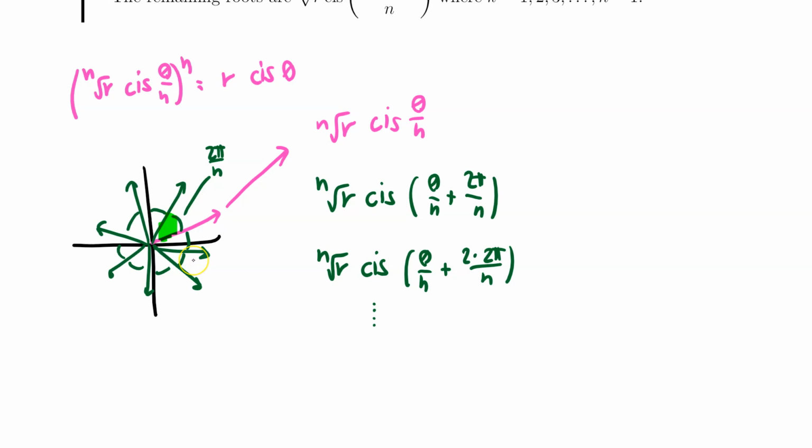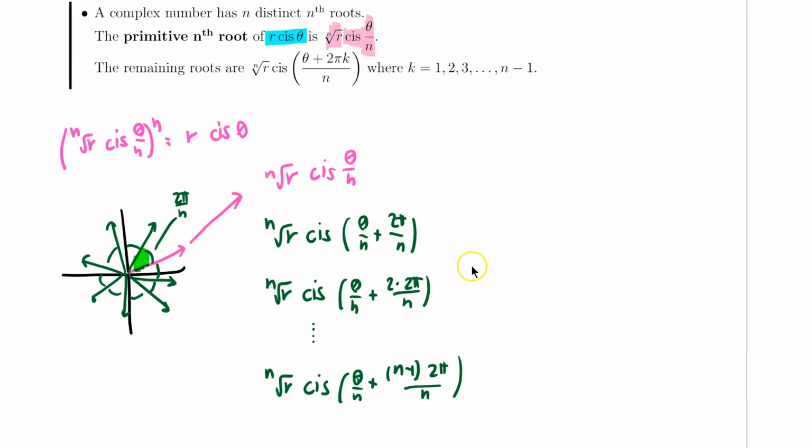So the last one is going to be the nth root of r cis of theta over n plus n minus 1 times 2 pi over n. Okay. Now, instead of writing all these n minus 1 vectors, we usually write it in shorthand, because we can see that all these vectors come from theta over n plus 2 pi over n times 1.